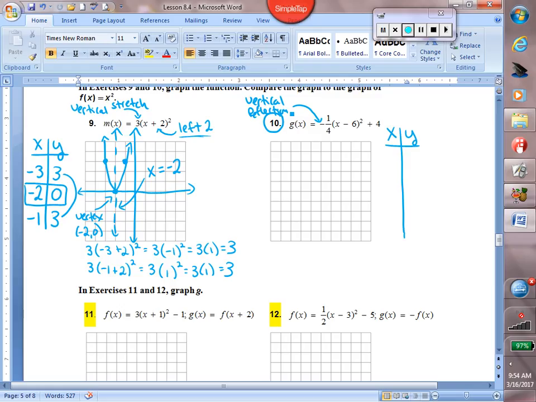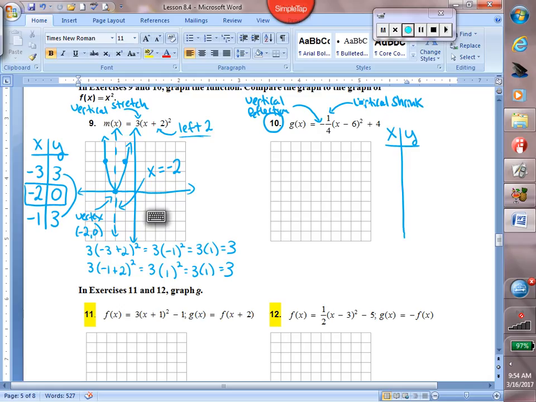So if I find all my ordered pairs and I graph, and my graph doesn't flip upside down, it doesn't open down, I know I made a mistake finding my ordered pairs. The next piece we see is a 1/4. That 1/4 is smaller than 1, so we're going to have a vertical shrink, or a compression if you like that word better, if you've learned this before.